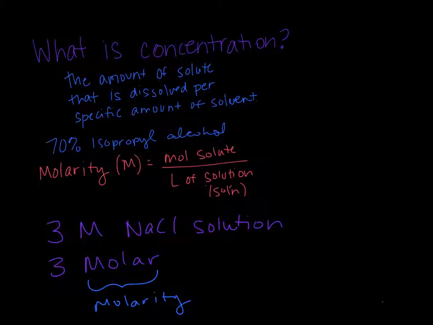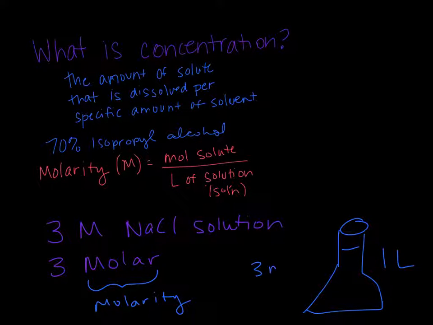Okay, that means that in a 1 liter container, there are 3 moles of salt in there. Remember, a mole is not a molecule. A mole is a whole bunch of molecules. It's 6.02 times 10 to the 23rd molecules. So in that 1 liter, you would have that many molecules, 3 times 6.02 times 10 to the 23rd.